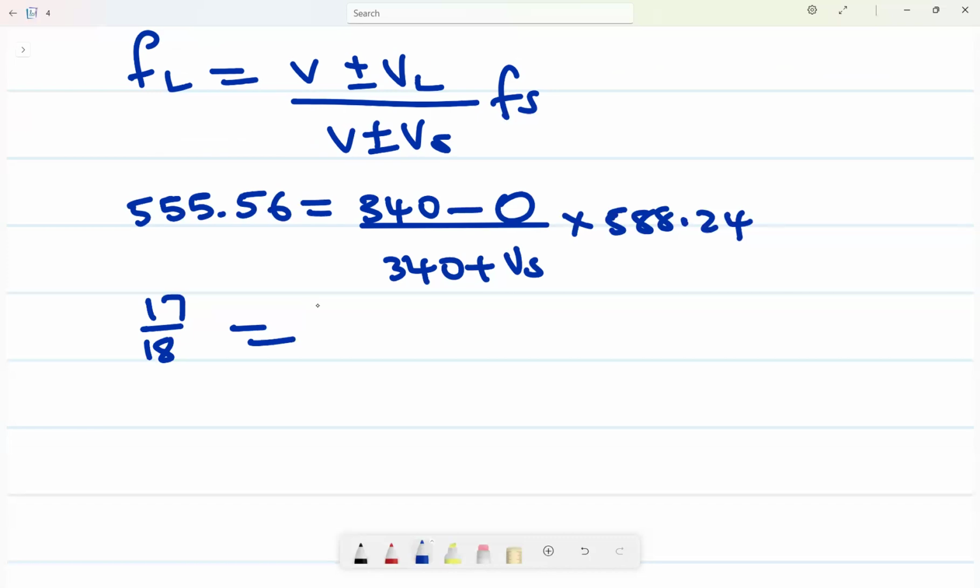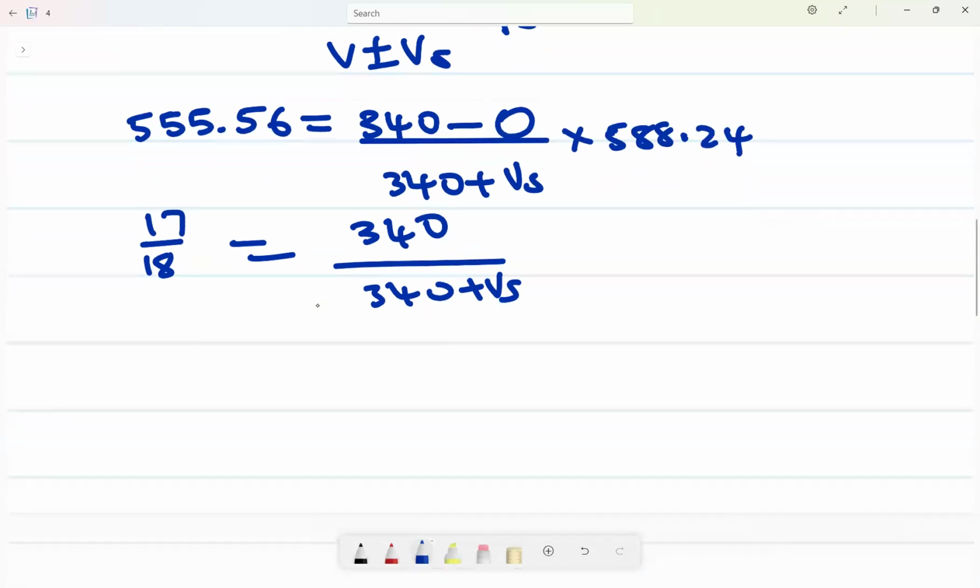Here we'll be left with 340 divided by 340 plus Vs. Then take this and multiply it to the other side. Say 17 divided by 18 multiplied by 340. Do not do cross multiply.